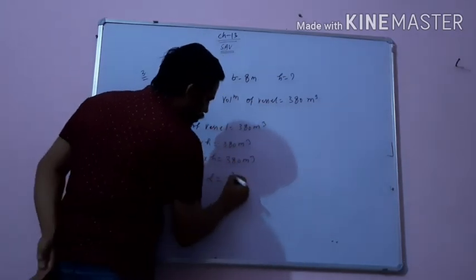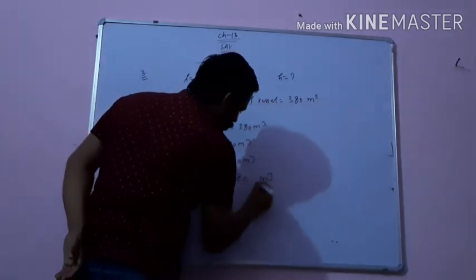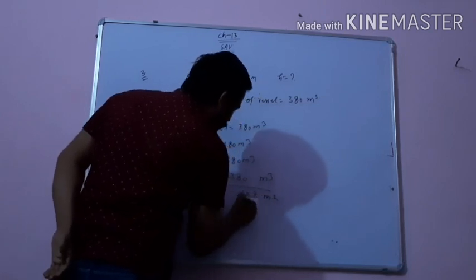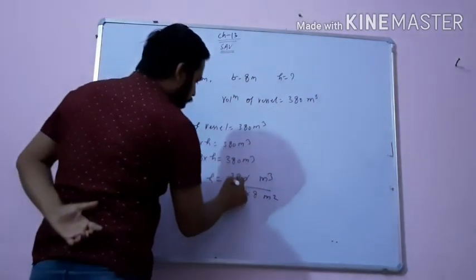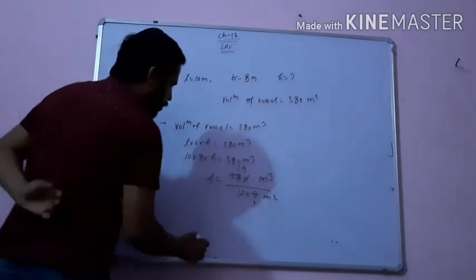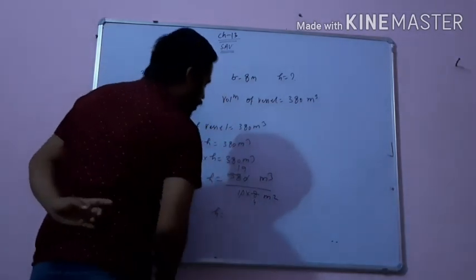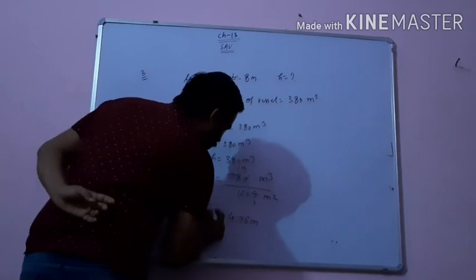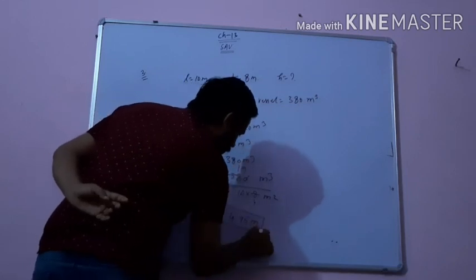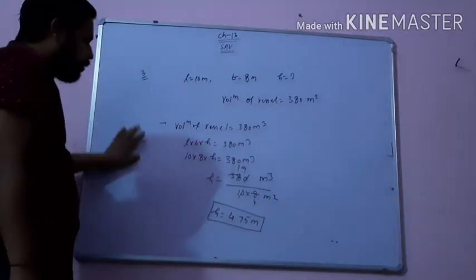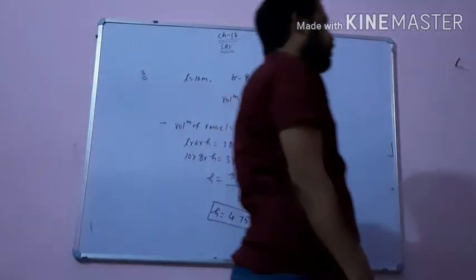H equals 380 meter cube upon 10 into 8 meter square. 0 0 cancel. Now 19 by 4. When we divide 19 by 4, it will be 4.75 meter will be the height of the tank. So solve the remaining questions of this exercise. Thank you.